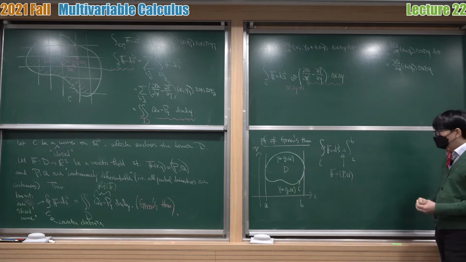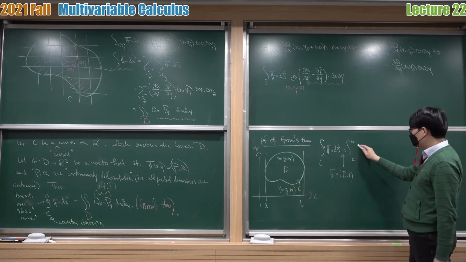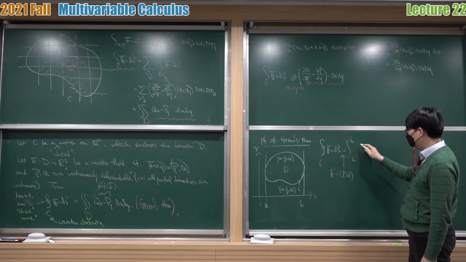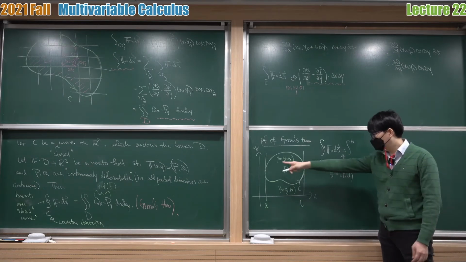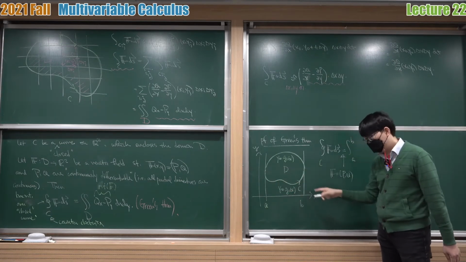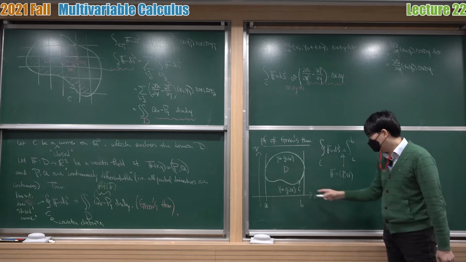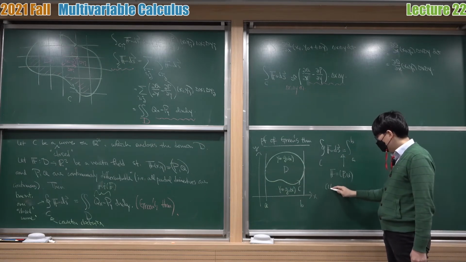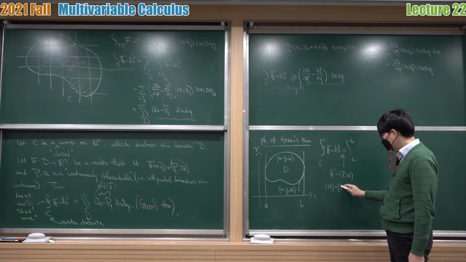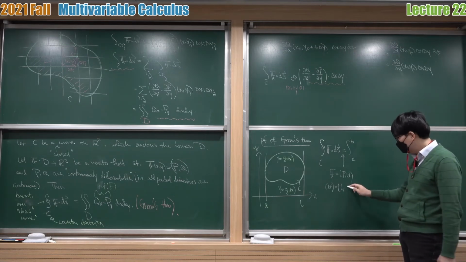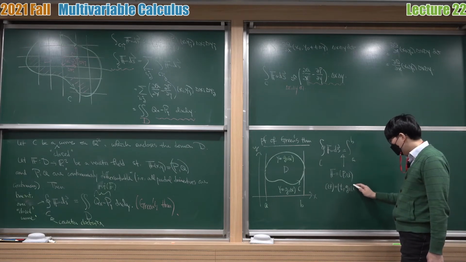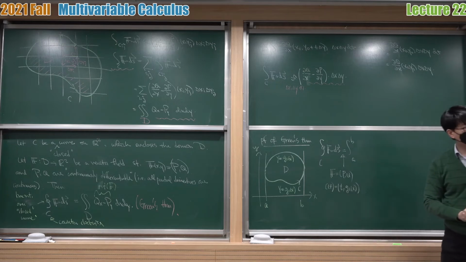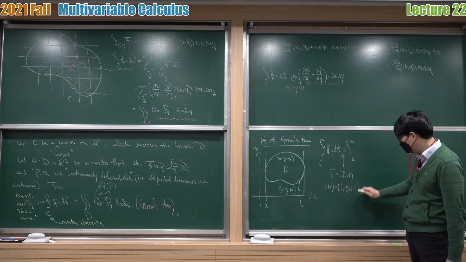I'm going to plug in the parameterization of this lower part of this curve C. That's going to be C(t) equals (t, g1(t)).